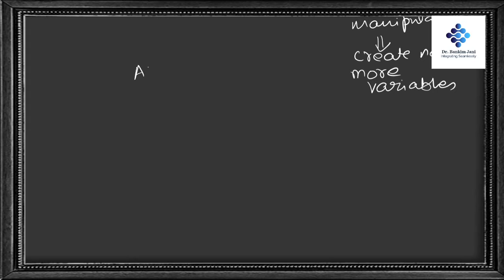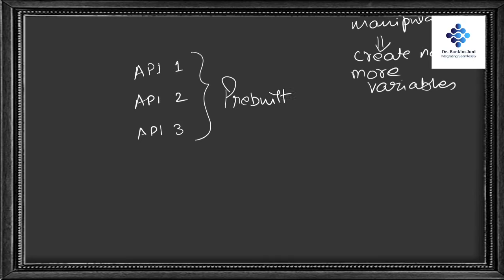Now this is so important. Let's say we keep on creating several APIs, API 1, API 2, API 3, and every API is helping for some specific function. So they are like pre-built APIs, and every API is for specific function.